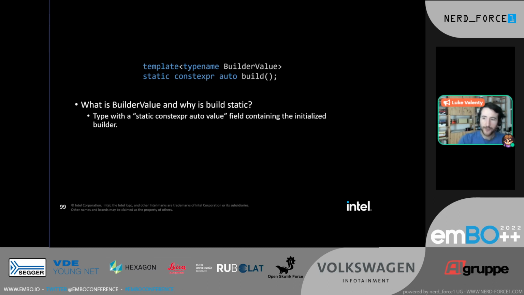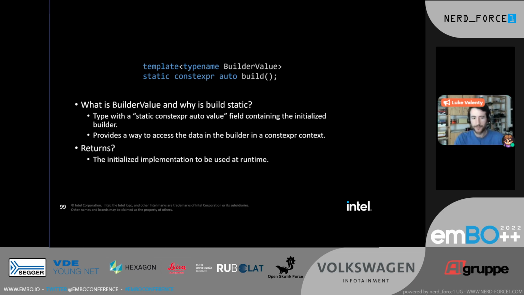The builder value type contains a value field that is static constexpr. So the build template function is able to get a constexpr reference to the initialized builder. So all of the extensions that were added to that builder are now available in a constexpr context, which is really important. And what this build function returns is the initialized implementation to be used at runtime.